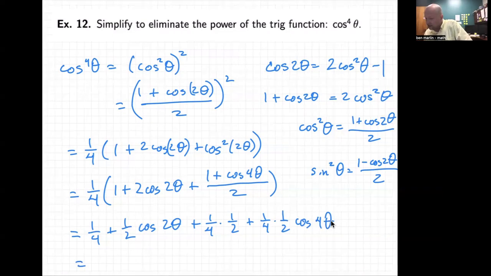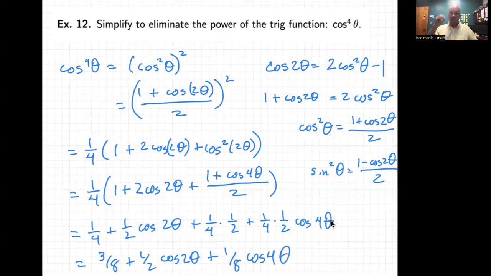So if you put all the constants together, that is to say the 1/4 and the 1/8, you'll have 3/8 plus 1/2 cosine 2 theta plus 1/8 cosine 4 theta. I happen to know that there is a certain section in Calc 1 or Calc 2 probably, where knowing how to do that makes a lot of the things that you're working on a lot easier.